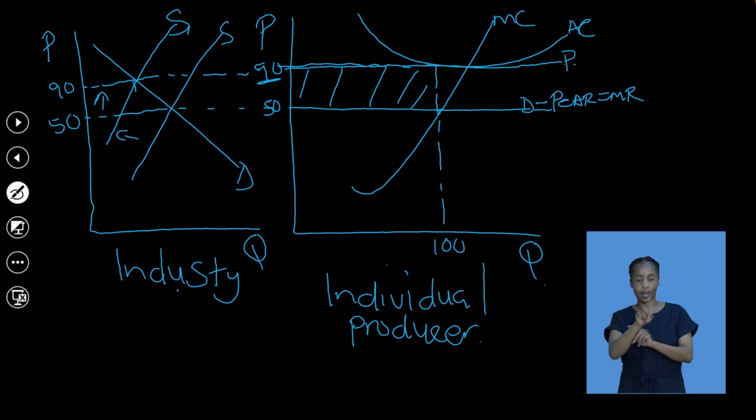This becomes P1 equals D1 equals AR1. As you can see, boys and girls, our AC and our AR are now equal. So what does it mean? It means that the perfect competitor is now experiencing normal profit.